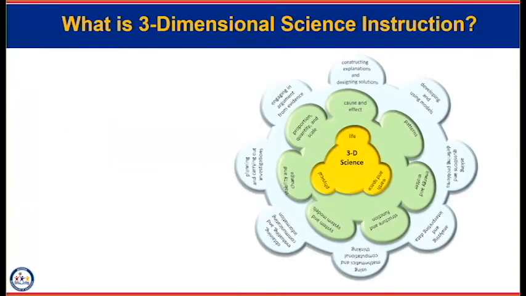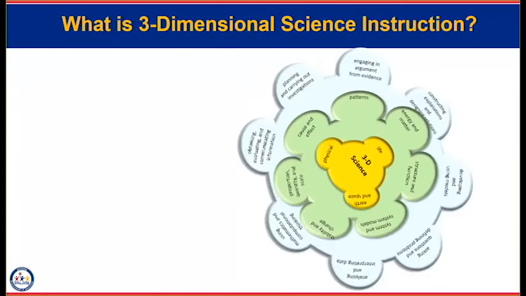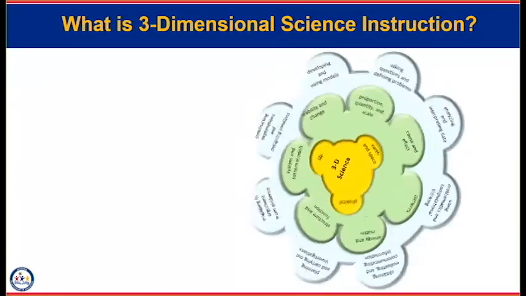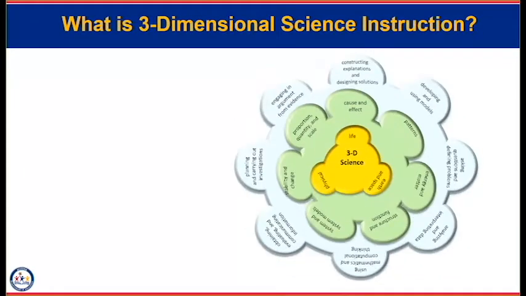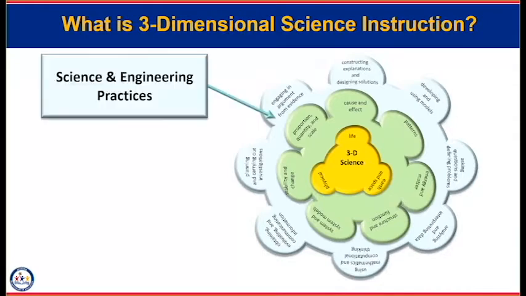And so within that framework is something called three-dimensional science instruction. And so just take a look at this graphic. And we'll start with the first dimension, which is the science and engineering practices. These practices really describe the behaviors that scientists engage in as they investigate and they build models and theories about the natural world.